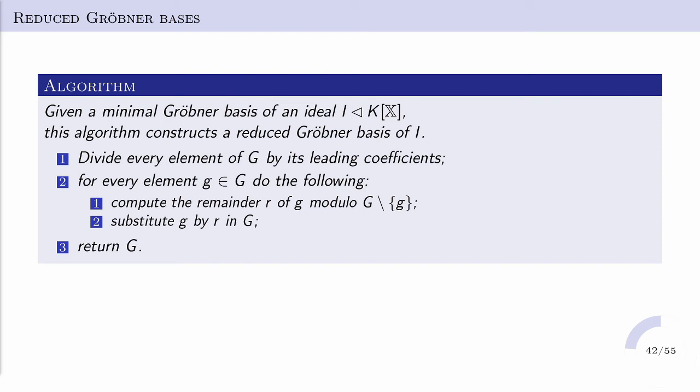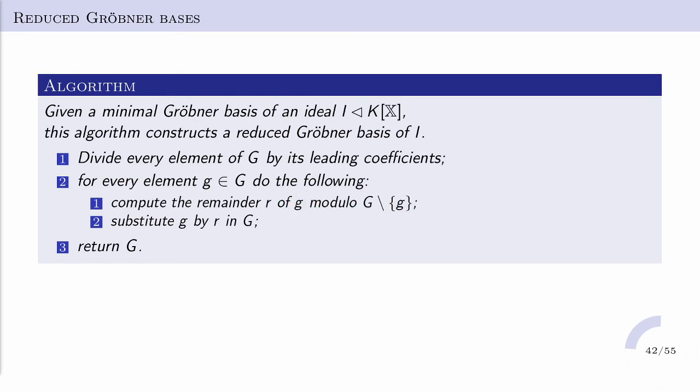We divide every polynomial g in this Grobner basis by its leading coefficient. Then we loop over all the polynomials in this Grobner basis, which we assume is already minimal, and we compute the remainder of g modulo all the other polynomials.